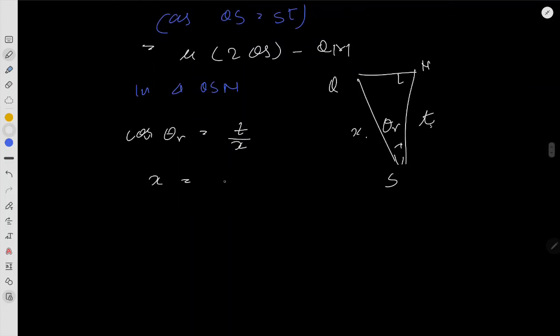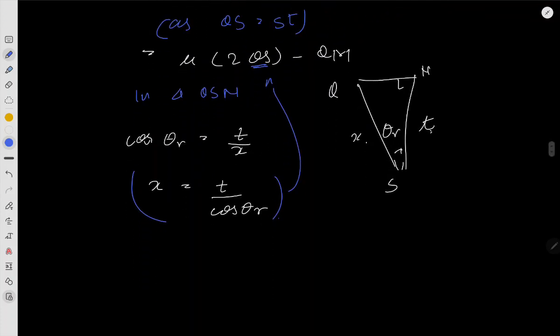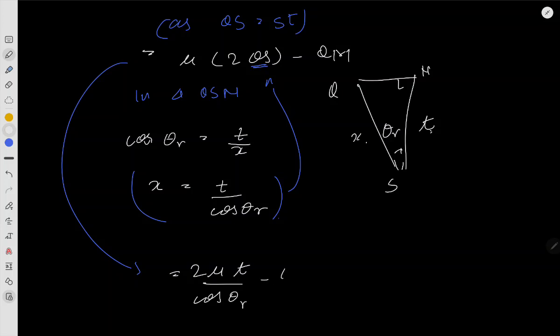So x equals t upon cos theta r. Now we substitute this x over here, and now we get mu into 2 times, as the 2 comes out, t upon cos of theta r minus QM.